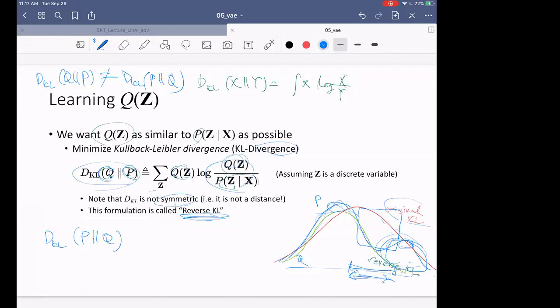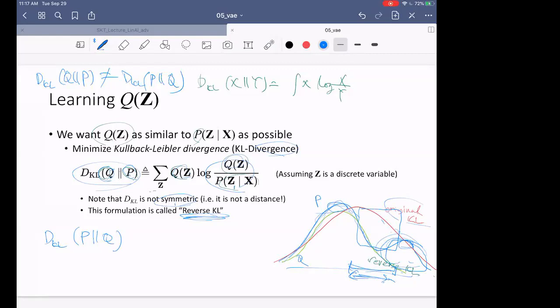Yeah. So when you have learned the posterior Q, the approximate posterior Q, at least you want the Z's to be coming from the legitimate subspace of P. And I think there's also a mathematical reason behind it.